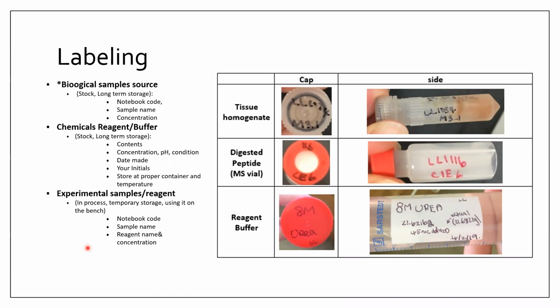I put 6 molar guanidine hydrochloride, and 6 molar guanidine hydrochloride is a salt. 6 molar is really high concentration. So what happened is after incubation at 37 degrees, all the solvent evaporated, so it's all crystal there, and of course the protein digestion did not work.